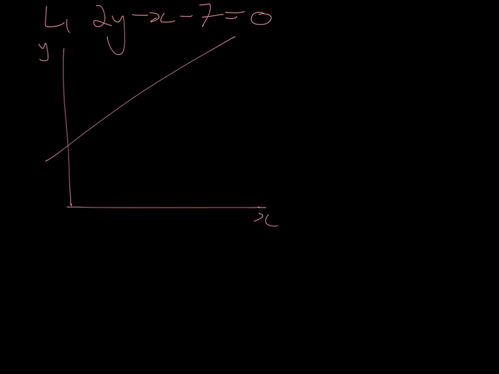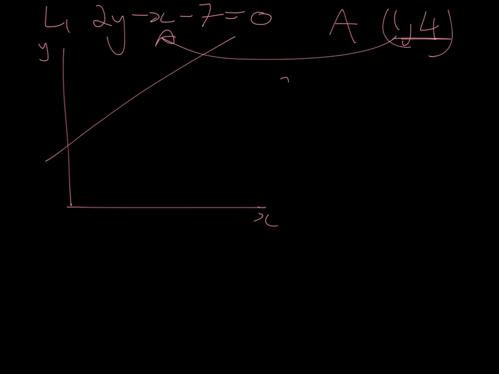And we are asked to show that the point A with coordinates 1, 4 lies somewhere on this line L1. So in order to do that, it's going to be fairly straightforward. All we're going to do is take our values of x and y and substitute them into this equation.